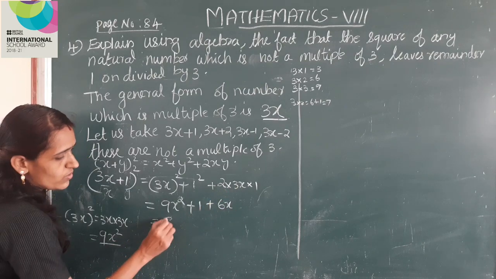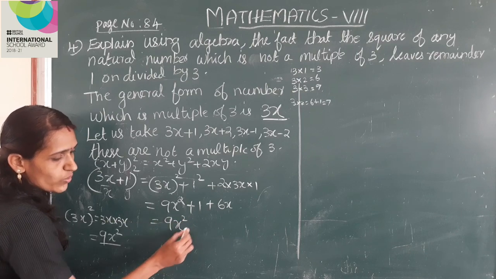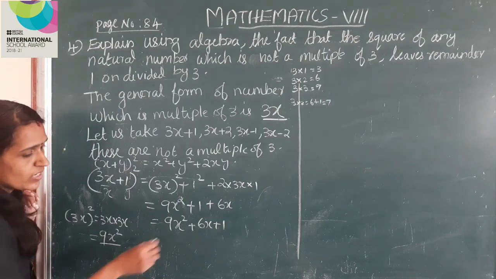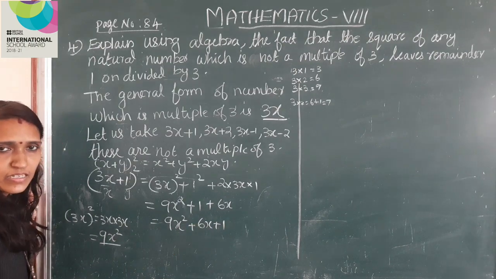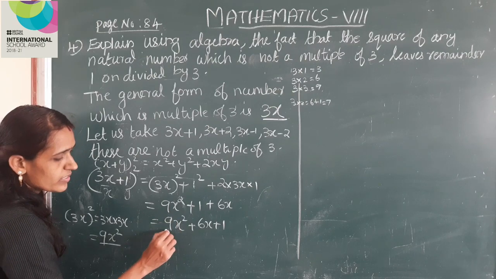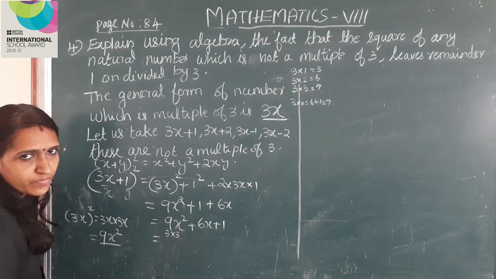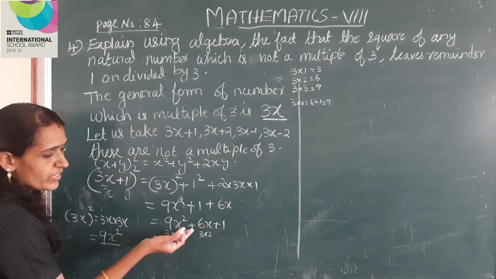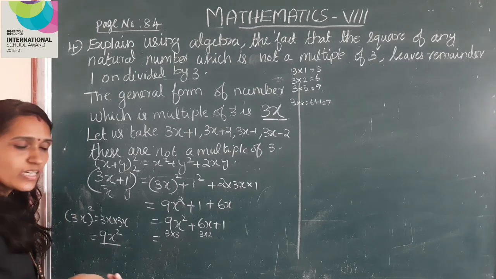This is equal to 9x square plus 6x plus 1. 9 and 6 are multiples of 3. So this can be written as 3 into 3. 6 is 3 into 2. So in these two terms, 3 is the common term.